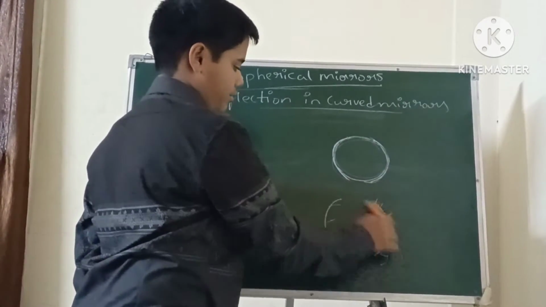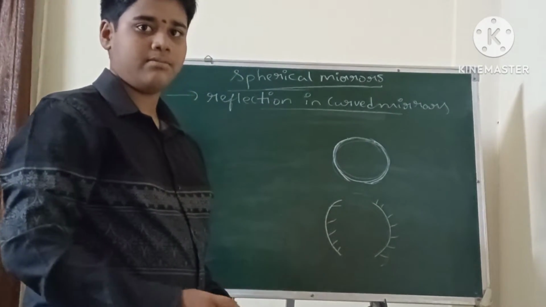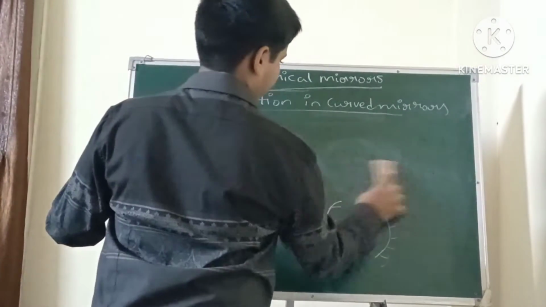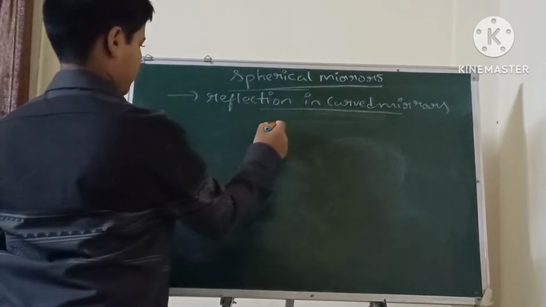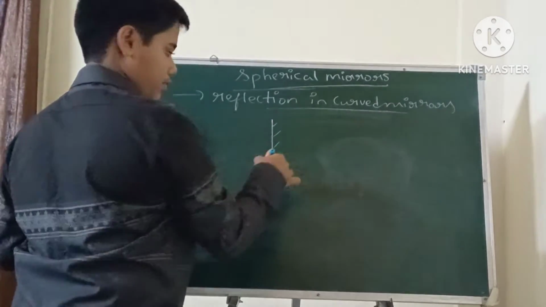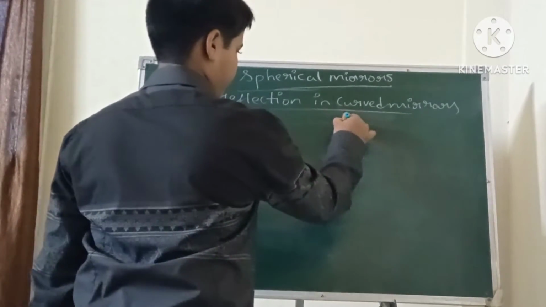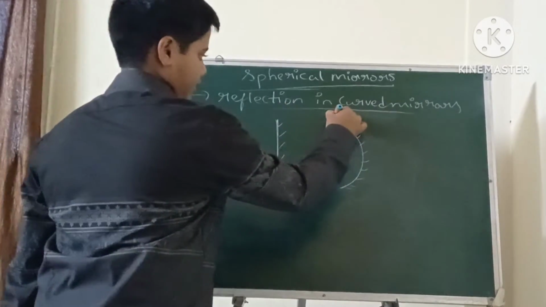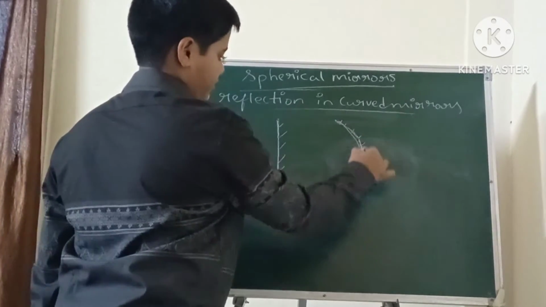If we join these two mirrors, it will look like a sphere. This is a plane mirror. This is a spherical mirror. This is straight and this is curved.